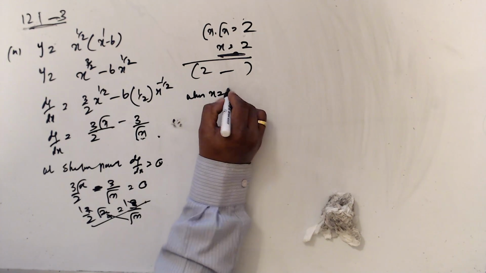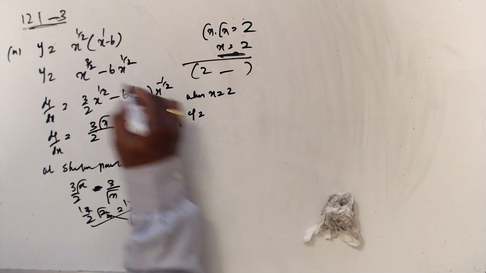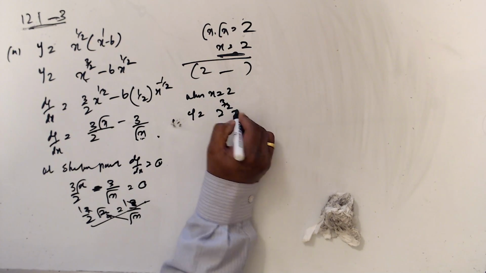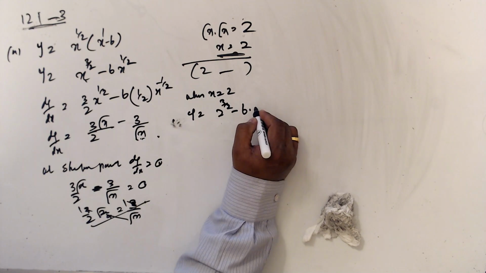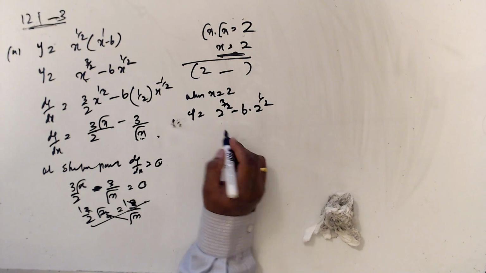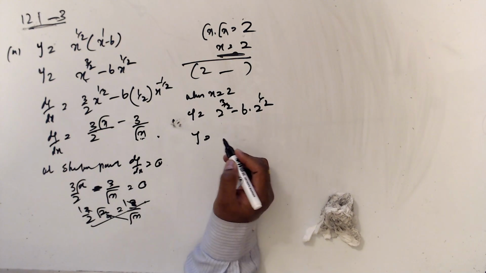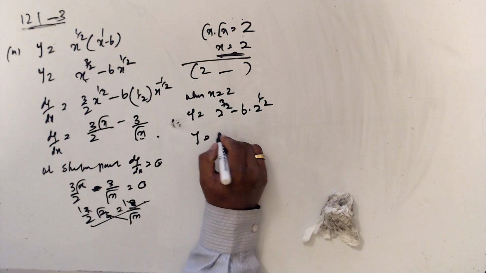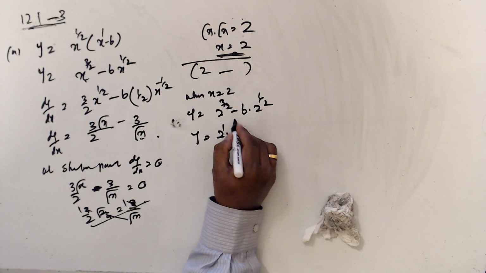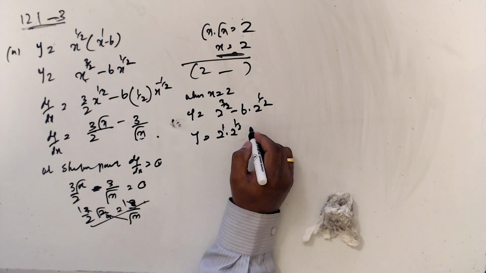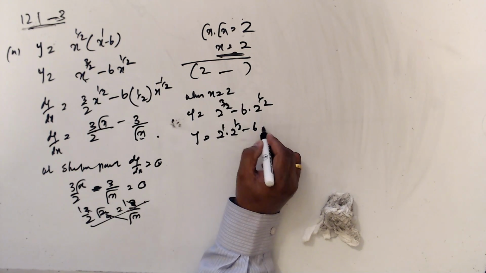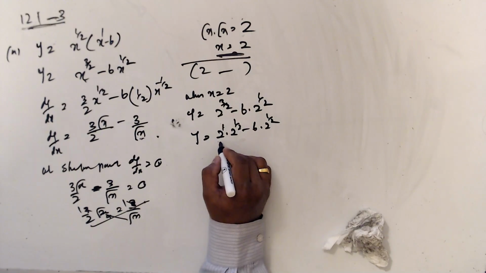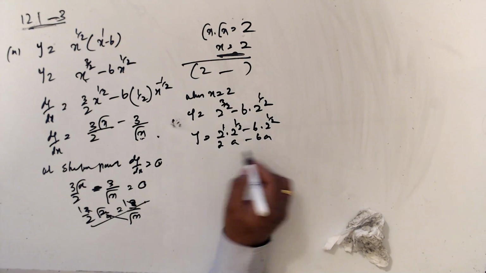When x equals 2, y equals 2^(3/2) minus 6 times 2^(1/2). I can write this as 2 times 2^(1/2) minus 6 times 2^(1/2). This looks like 2a minus 6a. What is the answer?